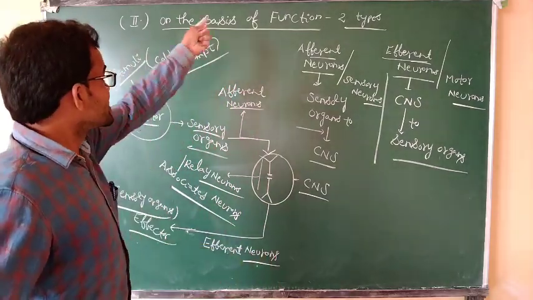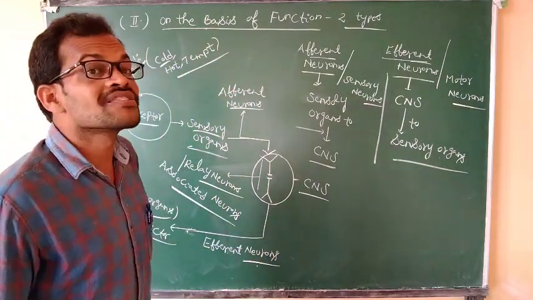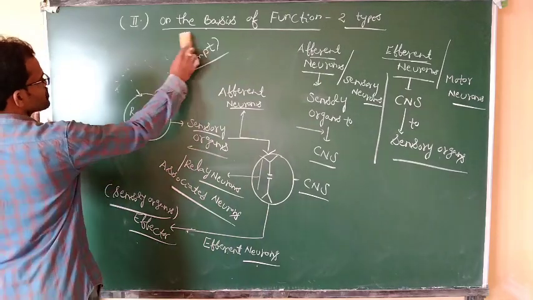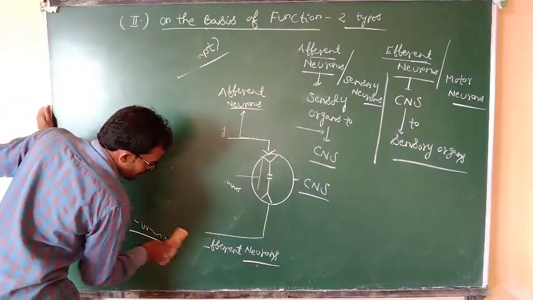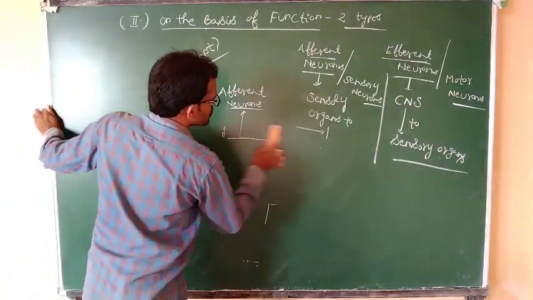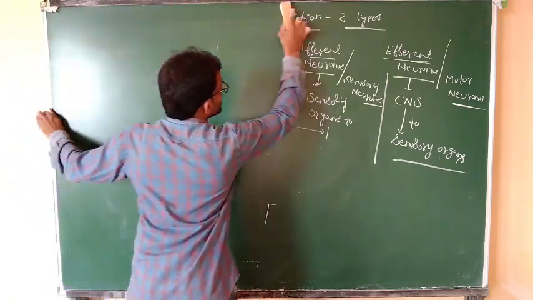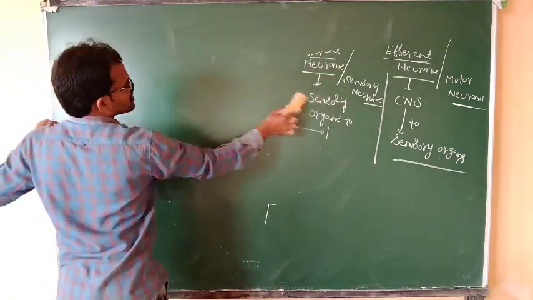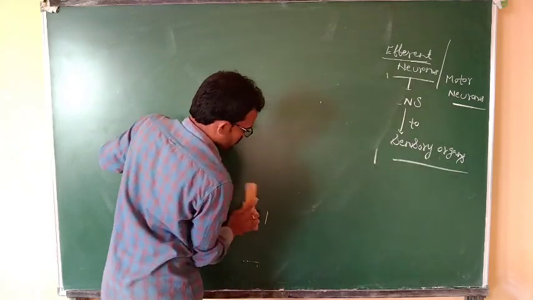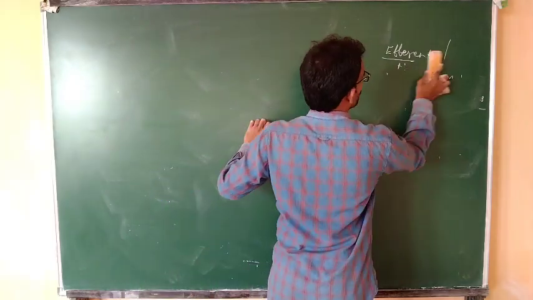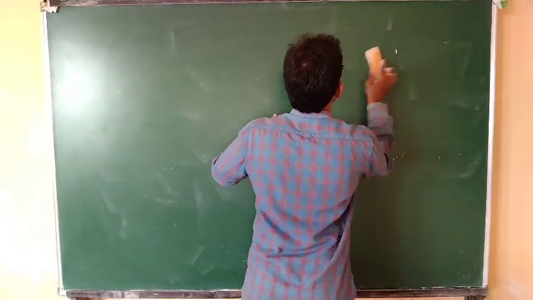Okay, coming to the second classification, on the basis of function. What is the third classification of the types of the neurons?